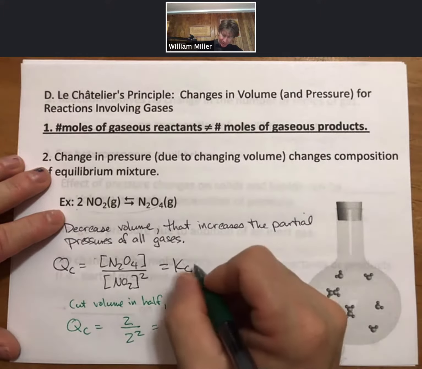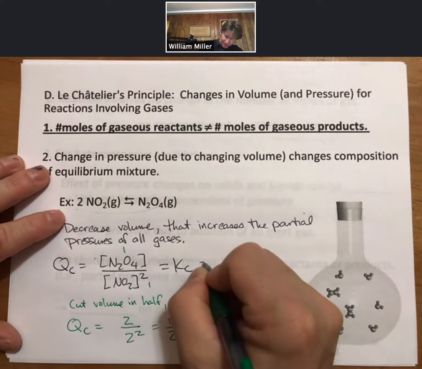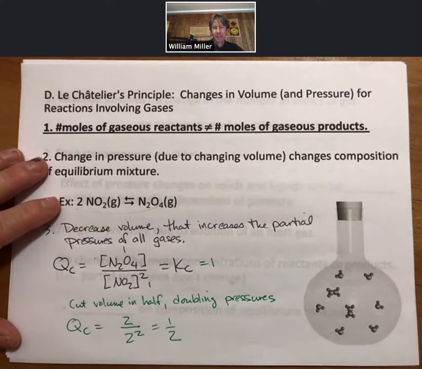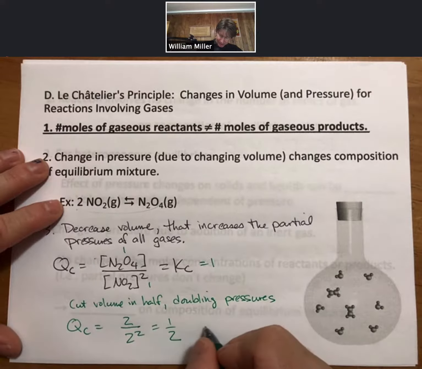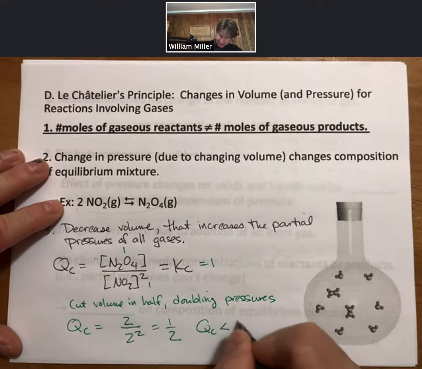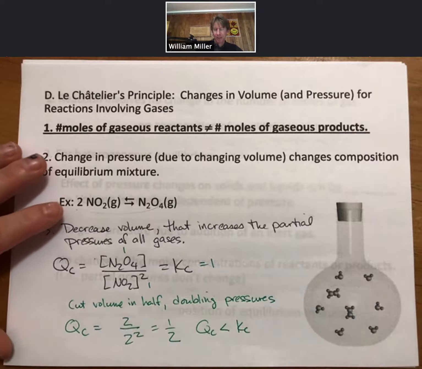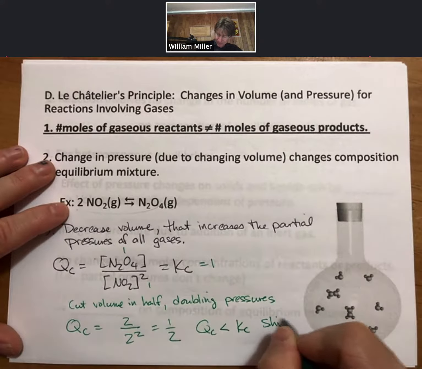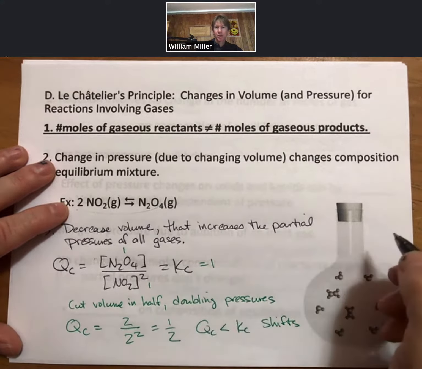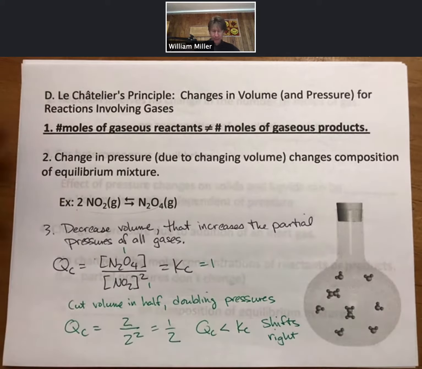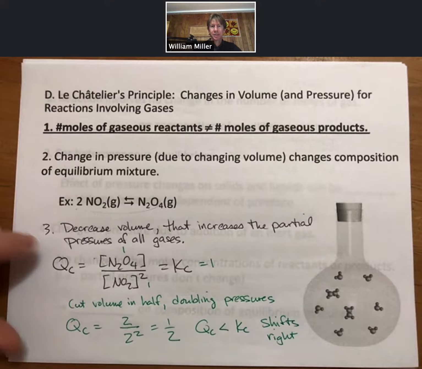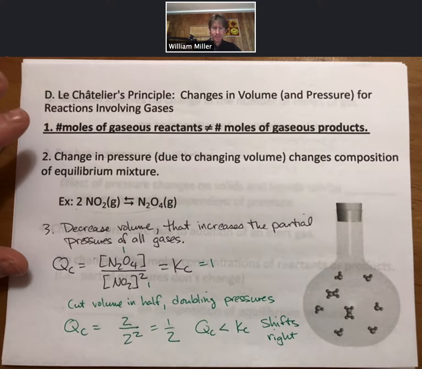Let's assume they were all 1s up here, and Kc equals Qc equals 1. We double all the pressures. Now Qc is less than Kc, and the reaction shifts towards products, shifts right. That's plugging some simple numbers in.